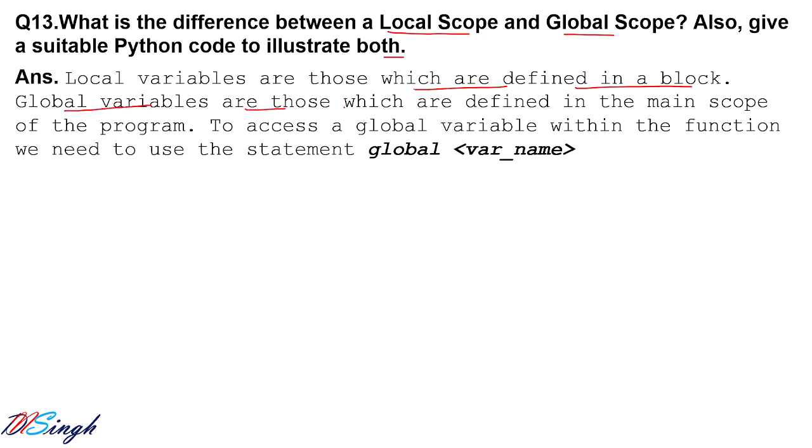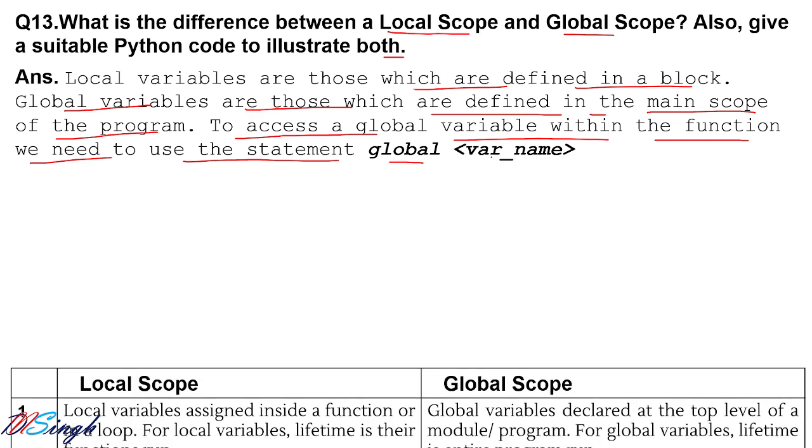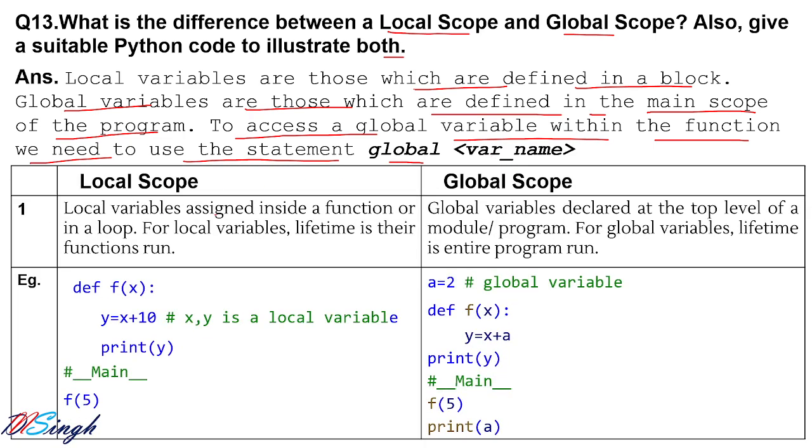A global variable is one defined in the main scope of the program. To access the global variable within the function, we need to use the statement global and then write the variable name. A local variable is assigned inside a function or in a loop, and its lifetime is as long as the function runs. Till that function is alive, that variable is alive.